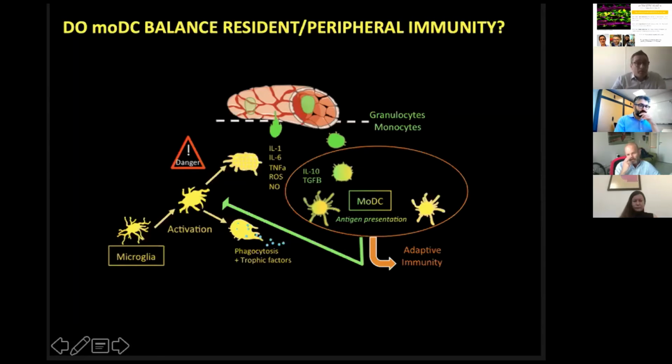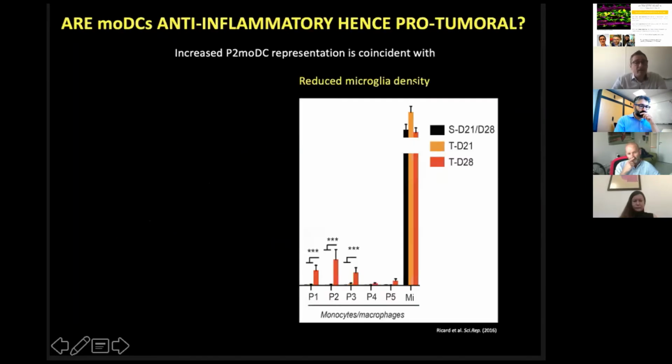So at least based on what is reported in the literature with the dampening of microglial activation, this is something that we have observed. At the time when this cell, the monocyte-derived dendritic cell, is present, on day 28, there is a coincident decline of microglial contribution.